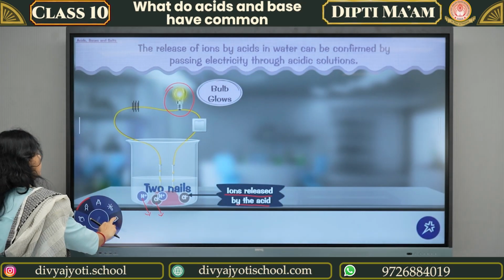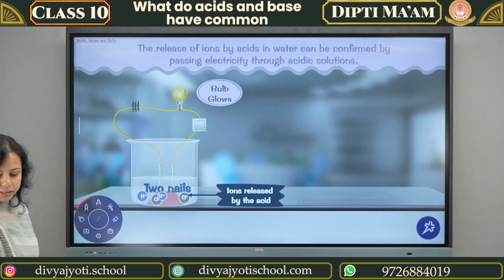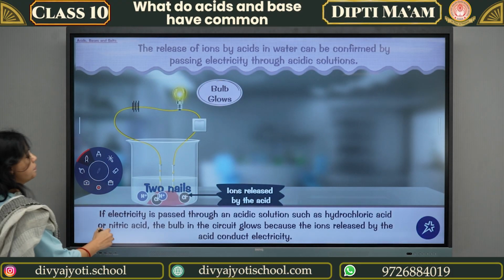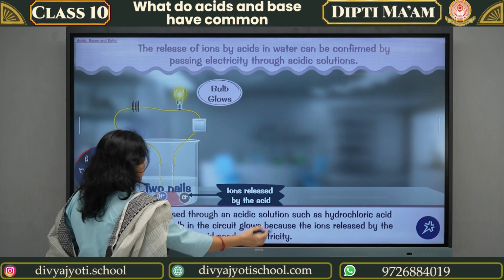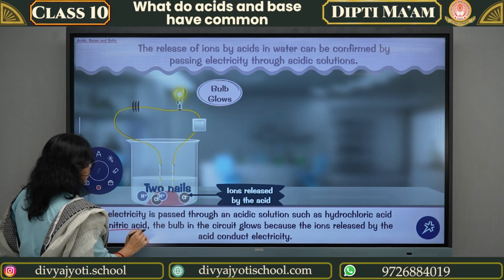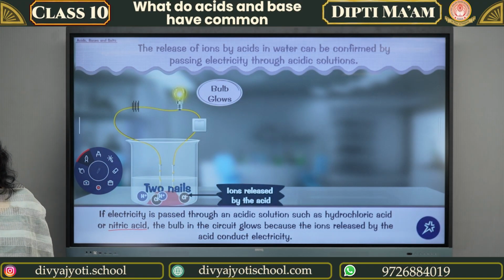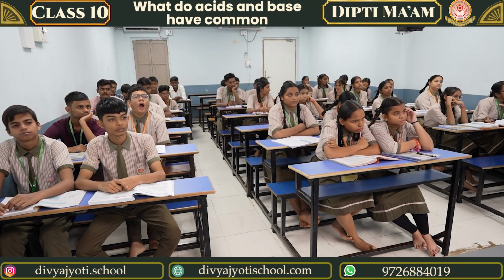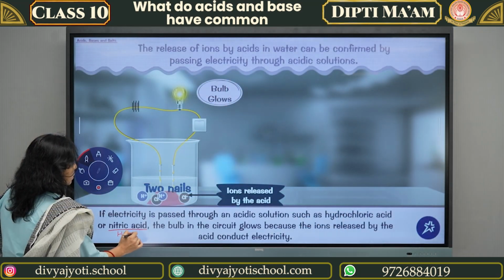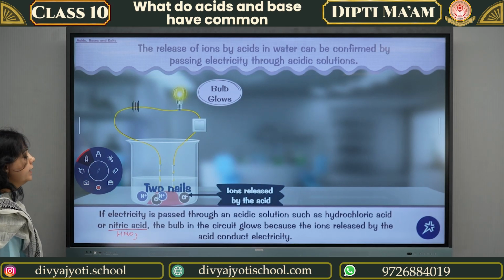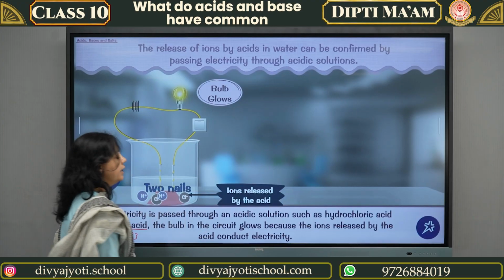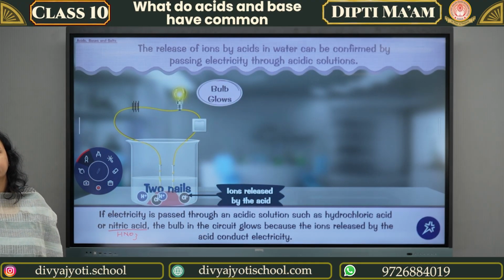Now instead of the acid, suppose I take another solution. Here we can see that electricity is passed through an acidic solution such as hydrochloric acid, or nitric acid. What is the formula of nitric acid? HNO3. Very good.